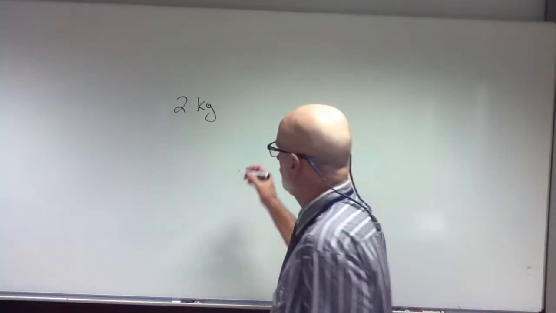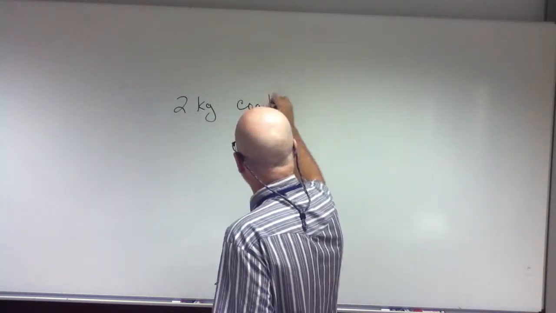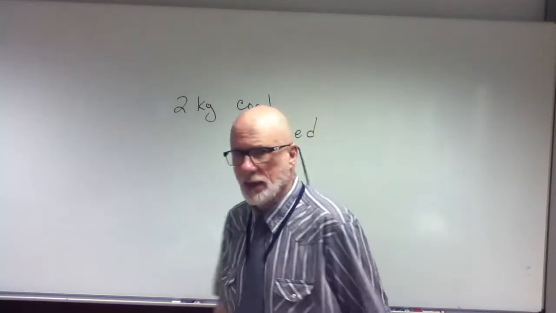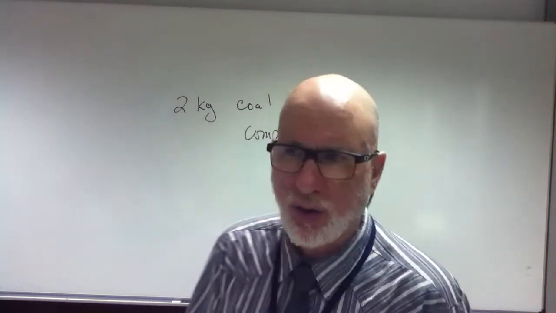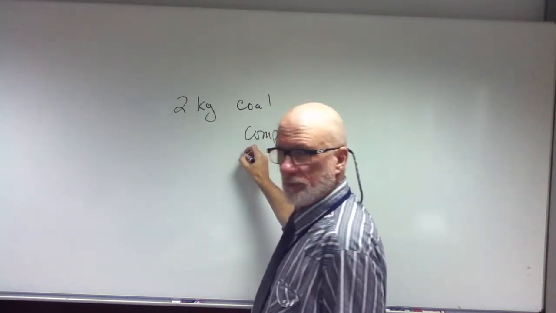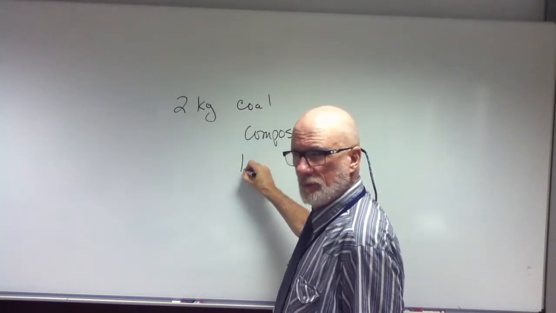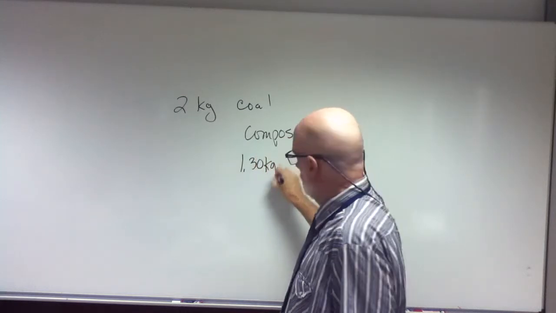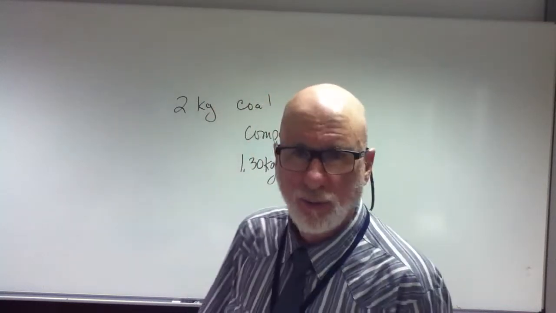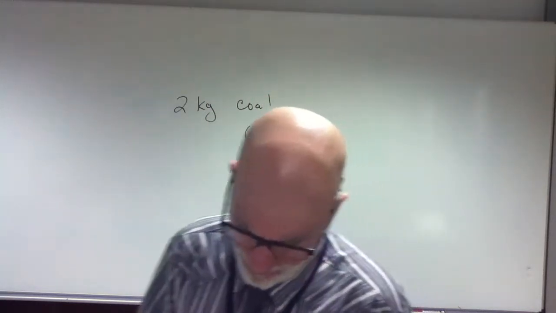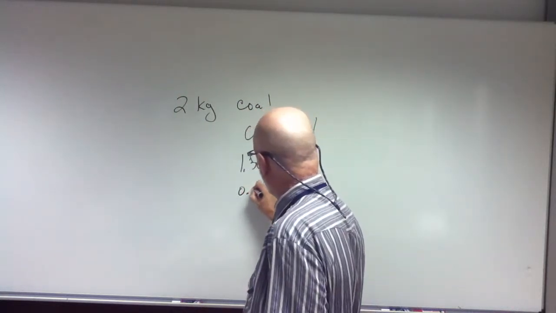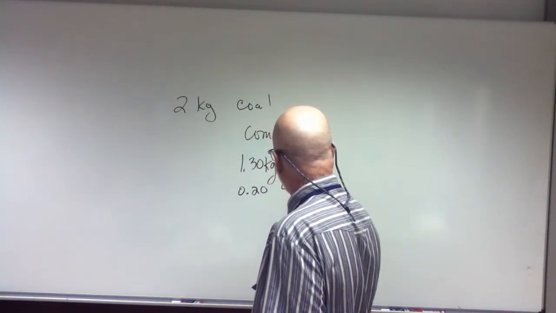Okay, carry on. It's composed of 1.30 kilograms of carbon. So they're doing an analysis of the bituminous coal. It has 1.3 kilograms of carbon. What else does it have? 0.20 kilograms ash.